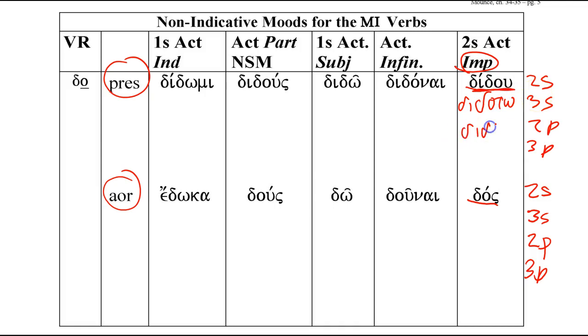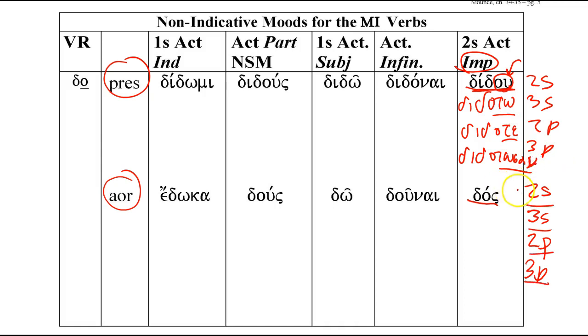You all give, or you give, but you're addressing a group, it's didote. And then let them give is didotosan. So it has the same. Remember that second person singular, it's irregular, so sometimes we can't anticipate what the suffix ending is, but the to, te, tosan is something that we're all expecting.